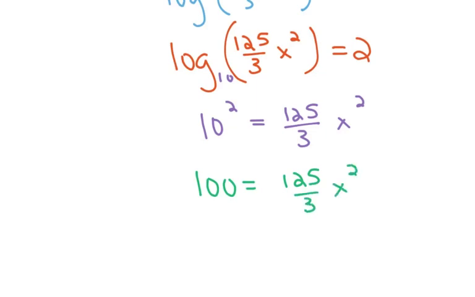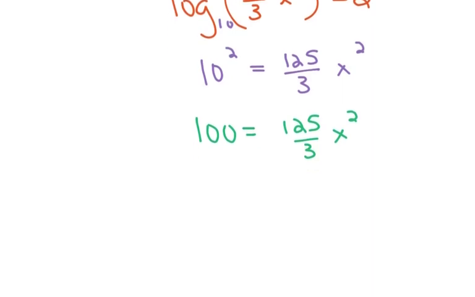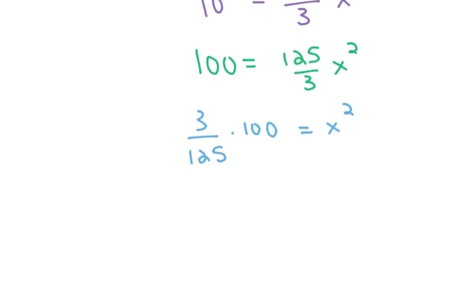To get rid of that fraction, I'm going to multiply the other side by the reciprocal of 125 over 3, so it's going to be 3 over 125. So that's going to be 300 over 125 equals x squared.